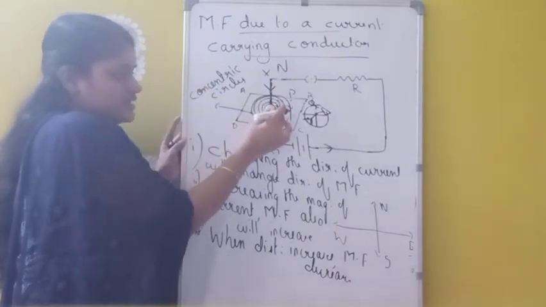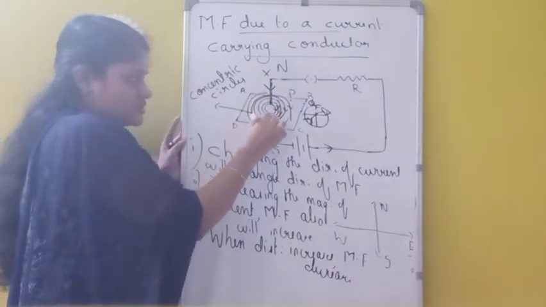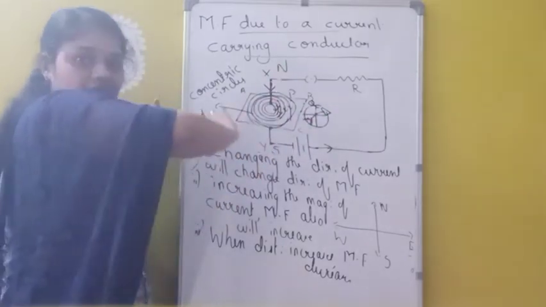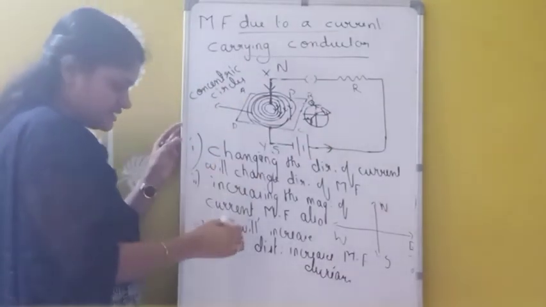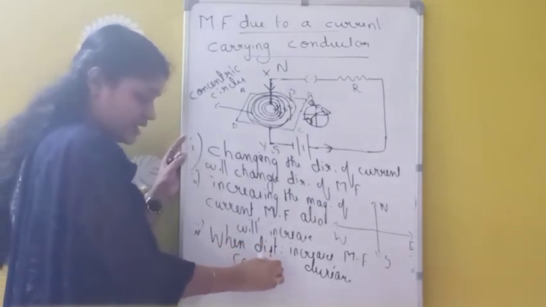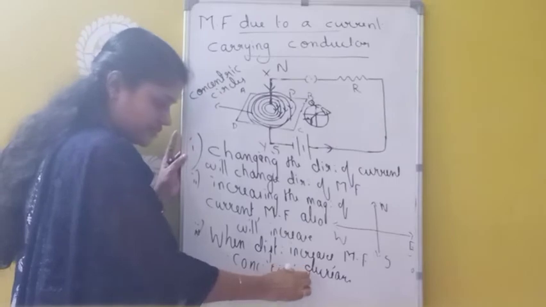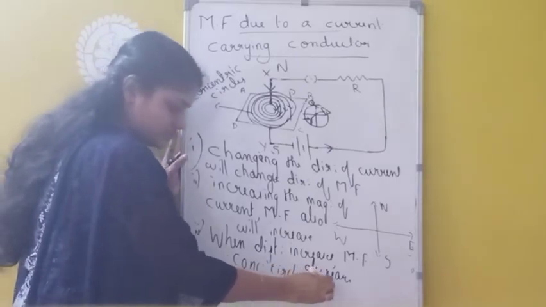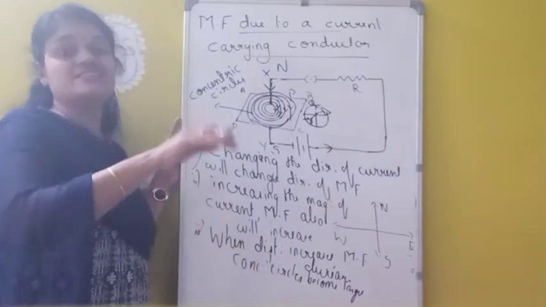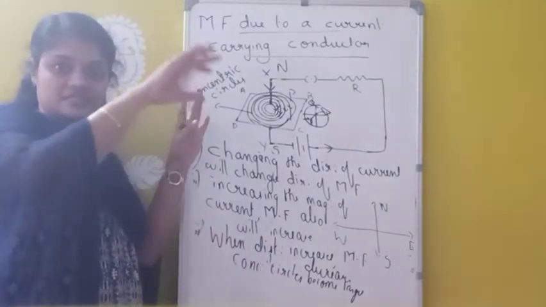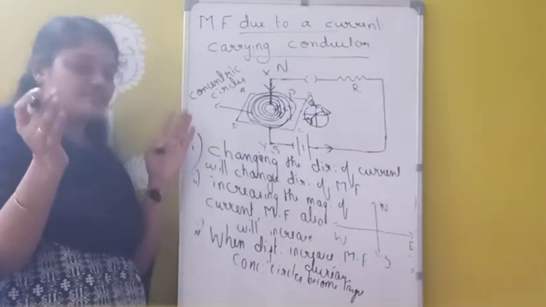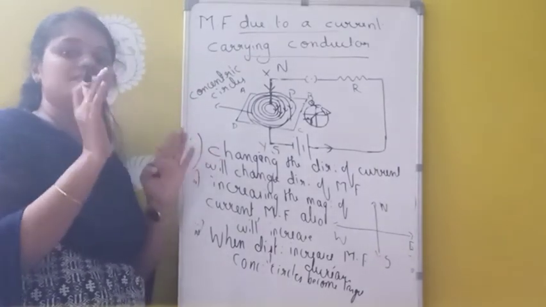Okay. So when we check the concentric circles, when distance increases, the circles become larger and larger. That shows that field strength is less. Whenever concentric circles become larger and larger and there is more space between them, that shows field strength is less.